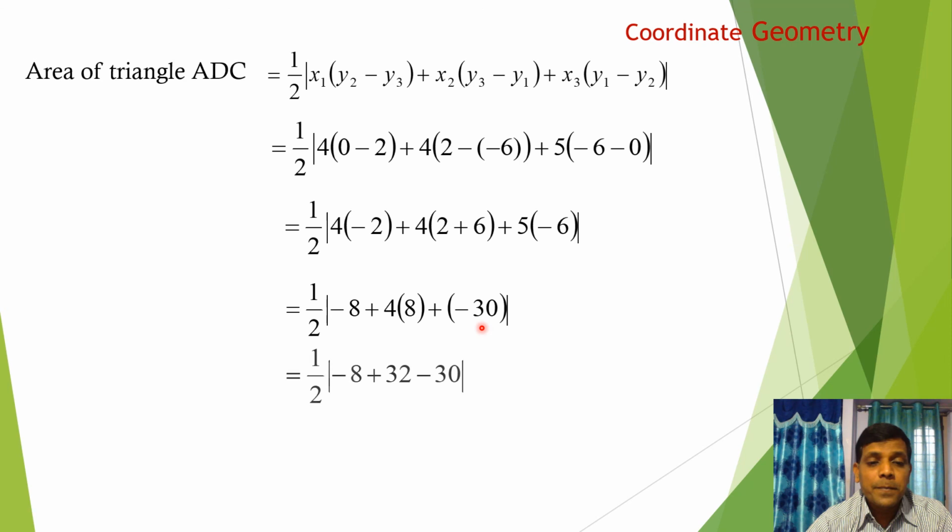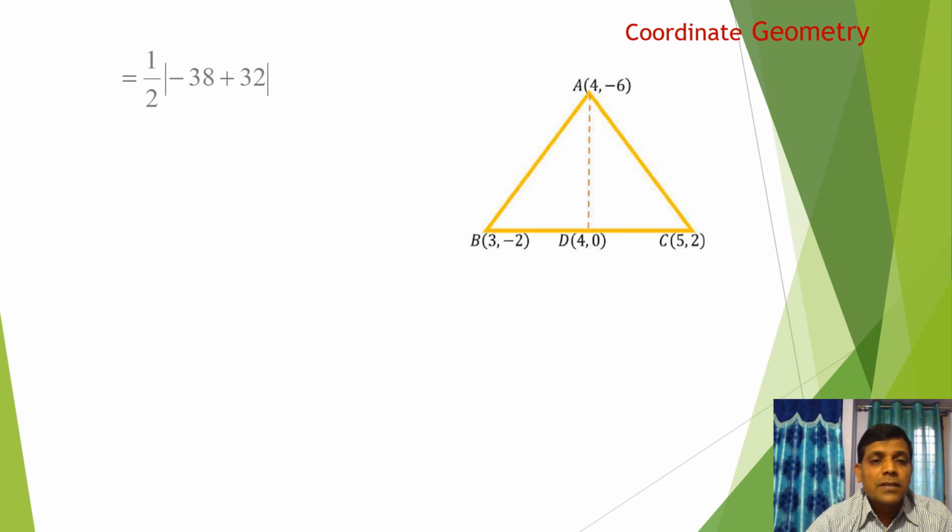On the next step, half into minus 8, plus 4 into 8 is 32, plus 5 into minus 6, minus 30. Here minus 8 and minus 30 have the same signs, so we add: minus 38 plus 32.